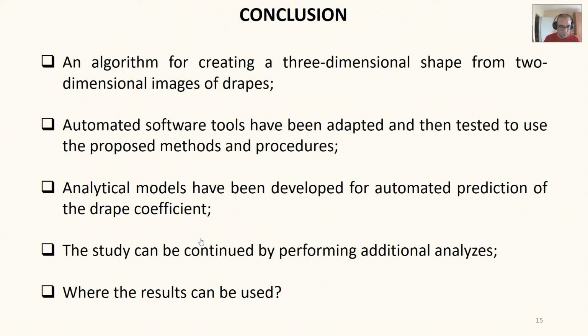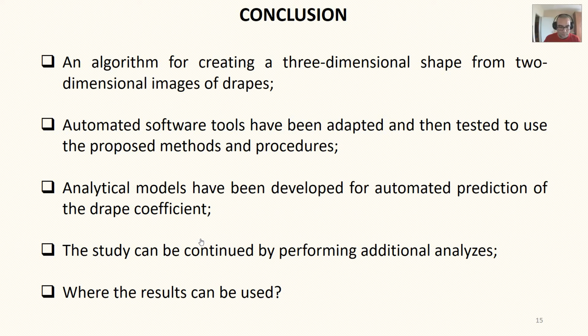As a conclusion, an algorithm for creating a three-dimensional shape from two-dimensional images of draperies prepared with square samples is proposed. With this method, the shooting conditions are known in advance, as well as the basic dimensions of the objects in the image.